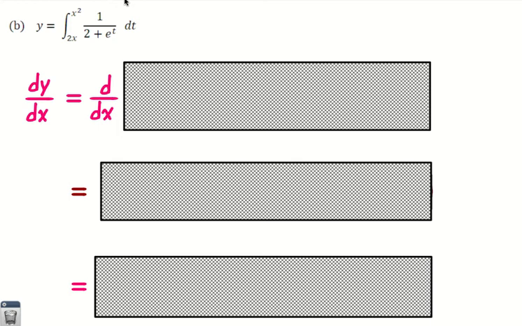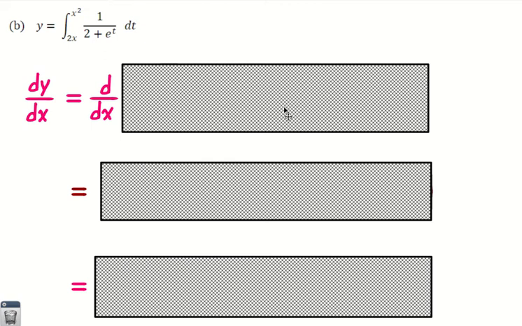Well, what if we broke this up into two integrals? Now, bear with me here because I'm going to take a lot of liberties, I believe, just in this first step. We're going to break it up into two integrals. We're going to have an integral that goes from 2x to, say, 0.